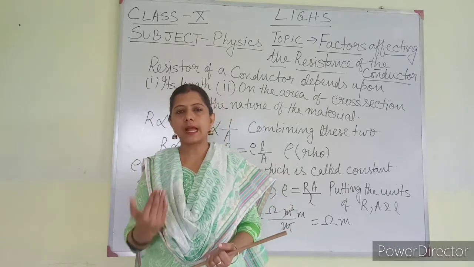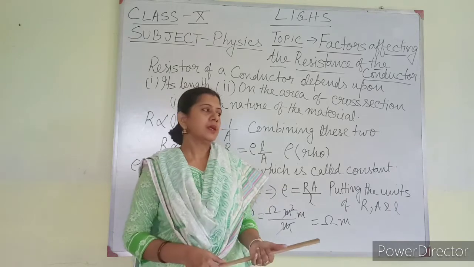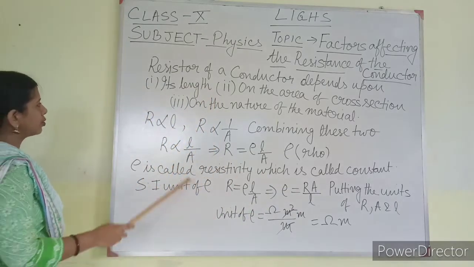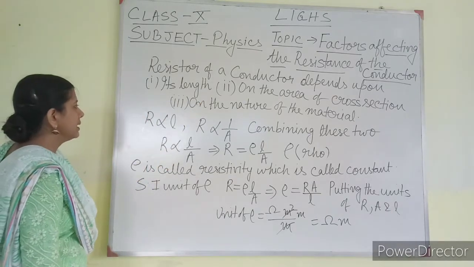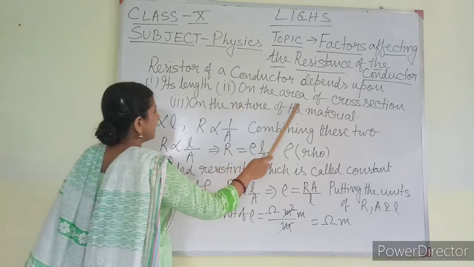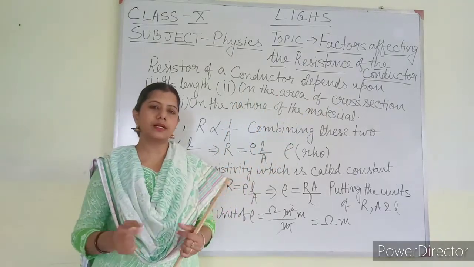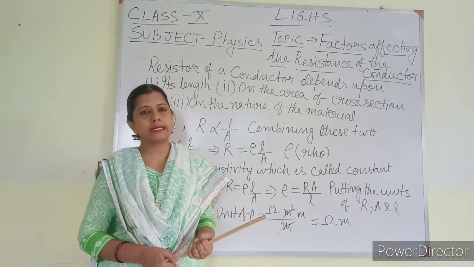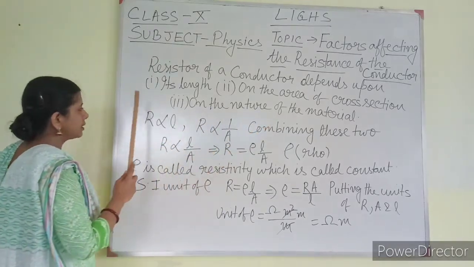Now on which factors the resistance depends, that you are going to go through. Resistance depends upon three factors. First, it depends upon the length of the conductor. Second, it depends upon the area of cross section of the conductor. And third, it depends upon the nature of the material.